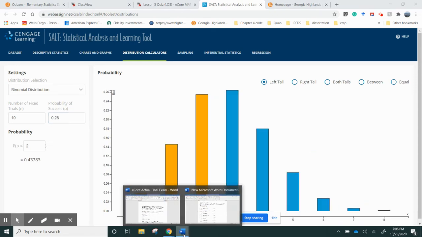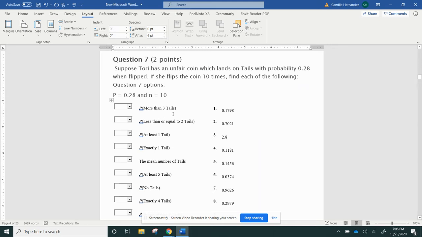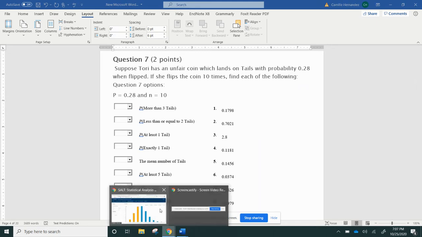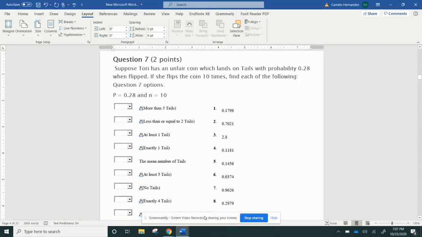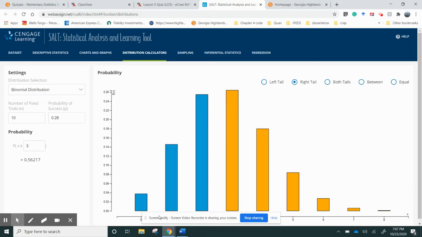Okay, so the first thing it wants me to look at is more than 3 tails. So more than 3 is a right-tailed. I can do that, but I have to be very careful because more than 3 gives me 0.5217.